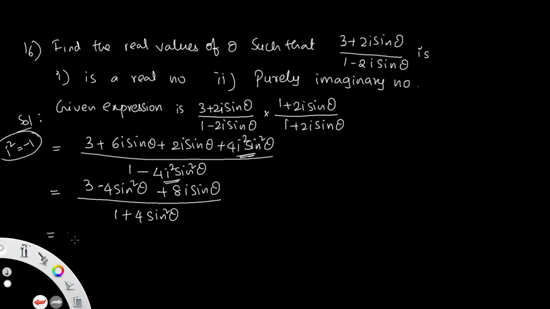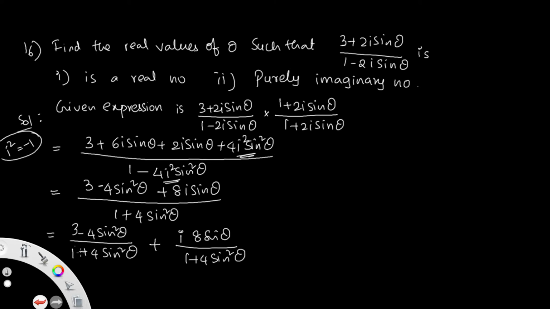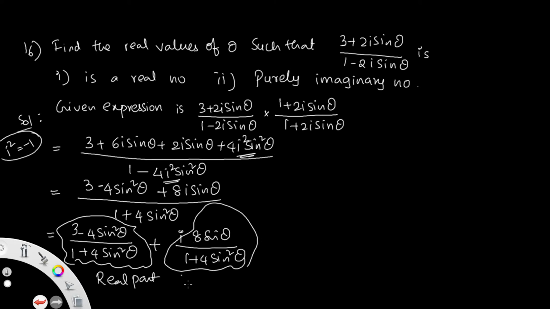The real part is (3 minus 4 sin square theta) divided by (1 plus 4 sin square theta). Next, i into 8 sin theta divided by 1 plus 4 sin square theta. The value without i is the real part, and the term with i is the imaginary part.